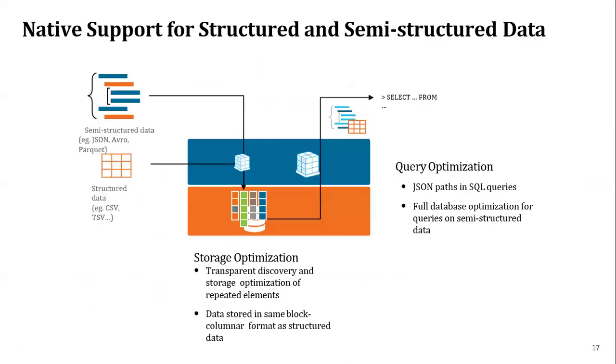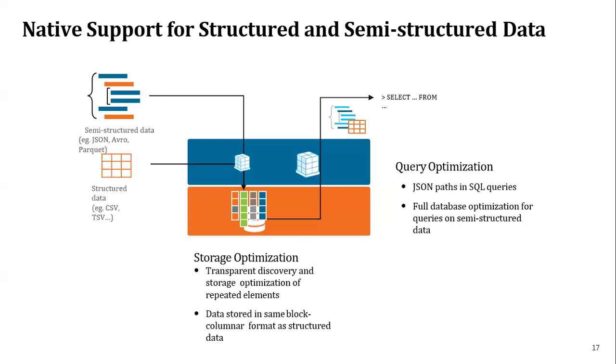Yesterday someone was asking, hey Shiva, what are all the file formats Snowflake currently supports? Previously they used to support only structured data and semi-structured data. Now, after the introduction of the Snowpark concept, they started supporting unstructured data as well.